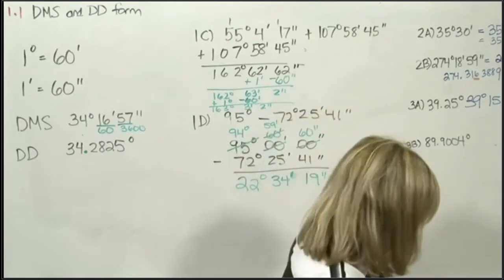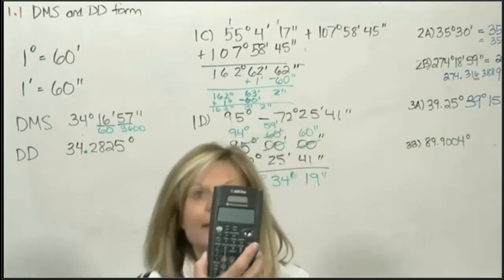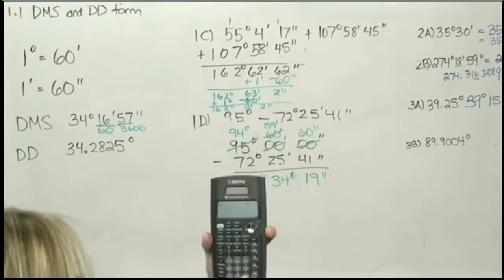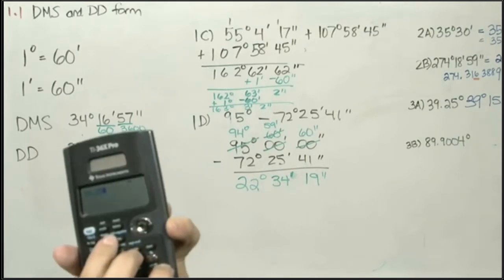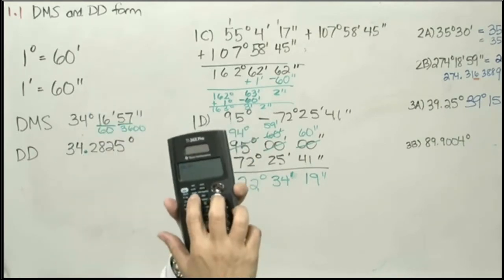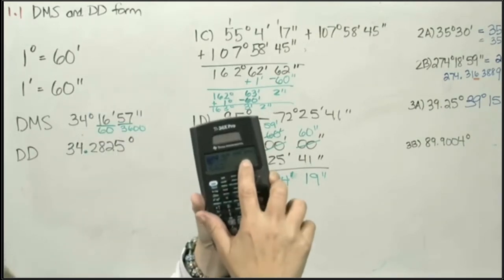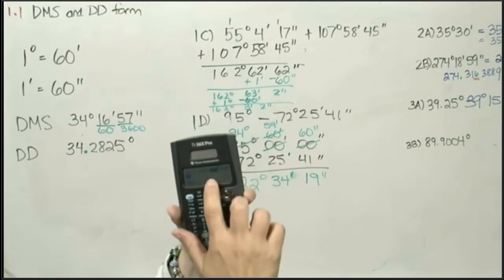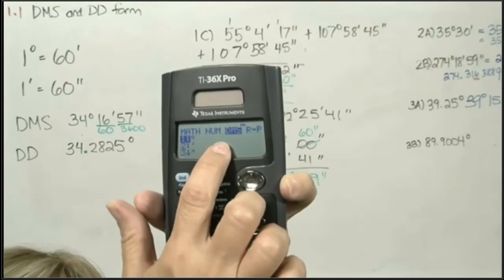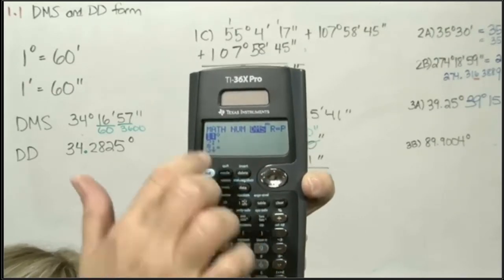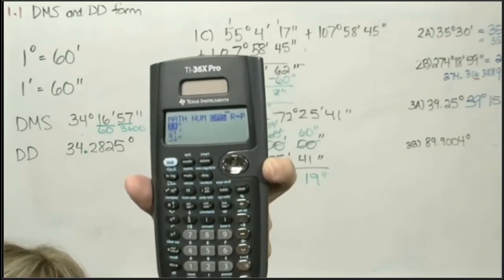All right? If I'm using the Pro, same concept. Type in the decimal, 39.25. You have to go to your button that says math. You have to arrow over to the word DMS on top. Now, when you arrow over to DMS on top, you see the degree symbol highlighted. You want to arrow down until you physically find the word DMS.